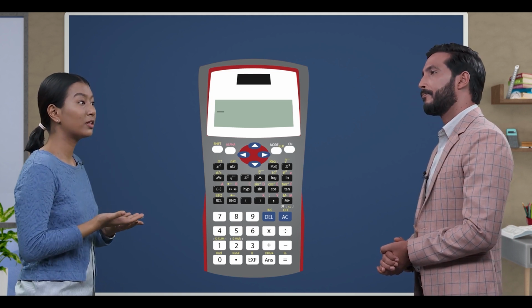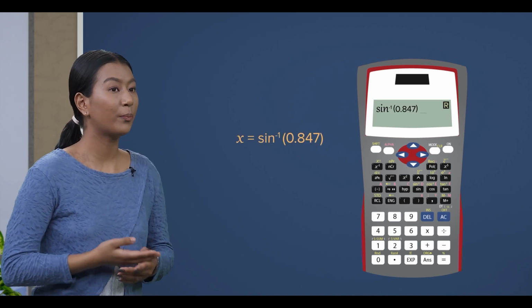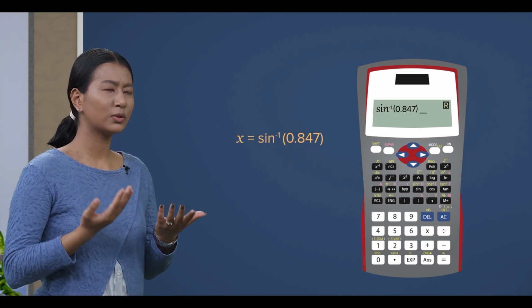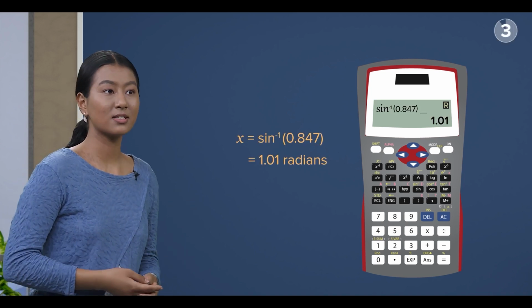Thanks, teacher. That's a lot clearer now. No problem. The most important thing is not to be confused with angles in degrees and radians. Right. In case I want a solution in radians, then we just put the calculator in radian mode and we will get arc sine 0.847 equals 1.01 radians.